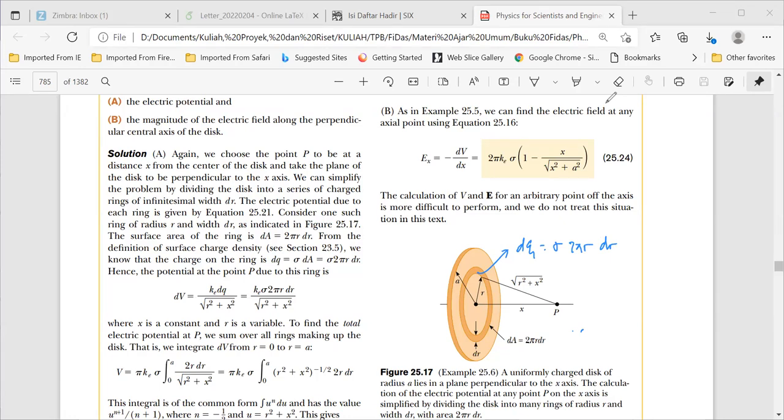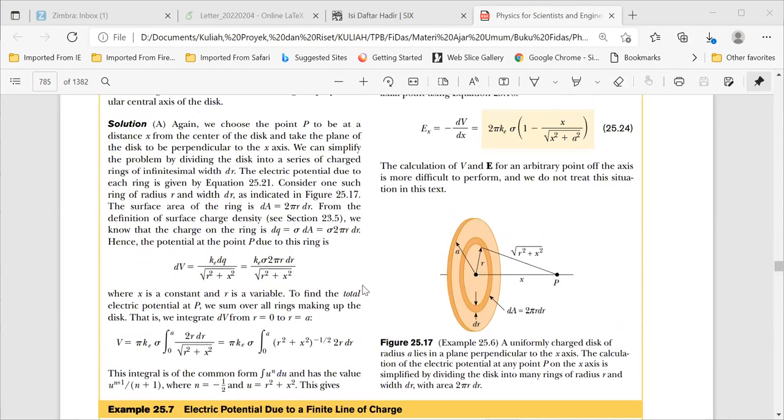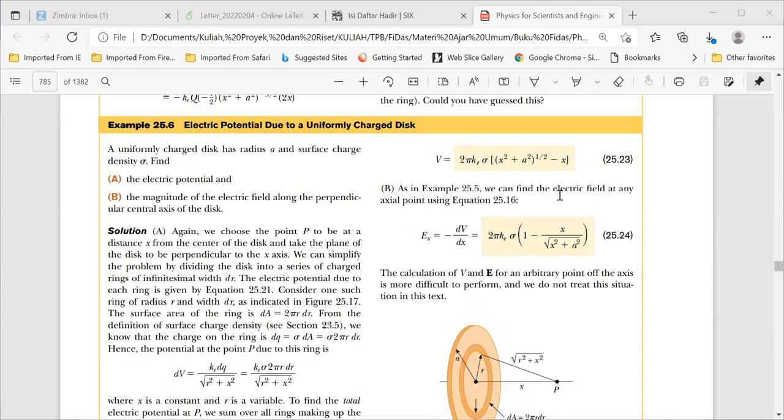This is 25.23, the electric potential. For part B, the magnitude of the electric field, you just differentiate it with respect to x, with a minus sign in front as the coefficient. So we will get 25.24.